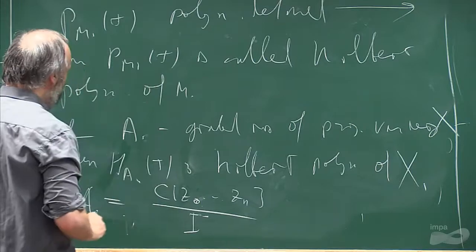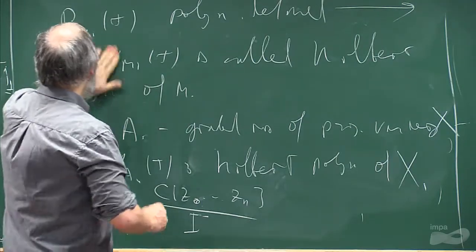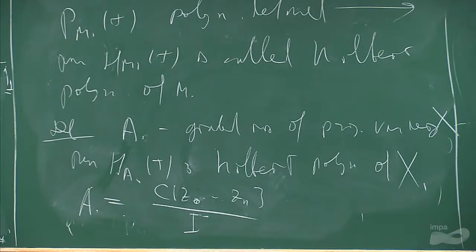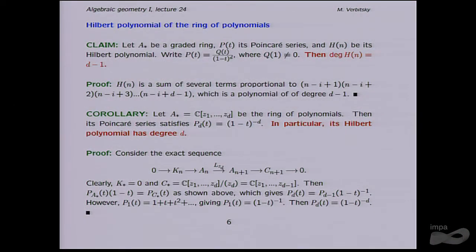Sorry, it's H. Of course, I denote this H, and P is the Poincaré series. P_M(t) is equal to Q(t) divided by 1 minus t to the power d.